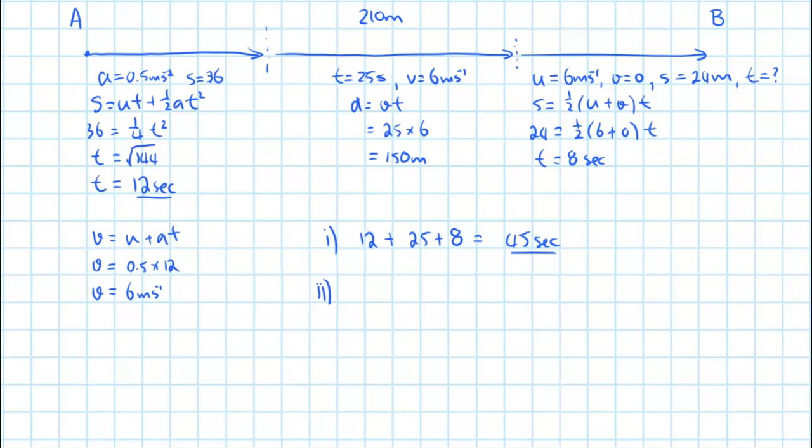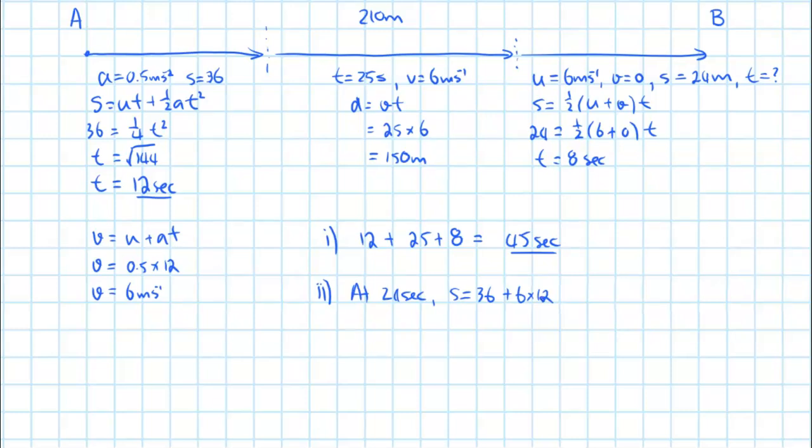All right, we need to find out where the cyclist is at 24 seconds. It takes 12 seconds to accelerate, which means it's 12 seconds into the second stage. And so its displacement at 24 seconds, the bike's displacement, is going to equal the 36 meters it went in the first stage, plus the velocity, which is 6, multiplied by 12, because it travels another 12 seconds in the second stage, 12 seconds in the first stage.